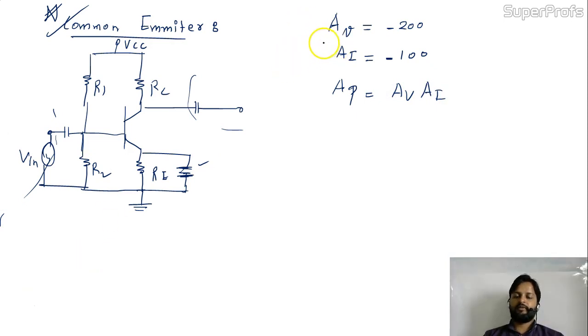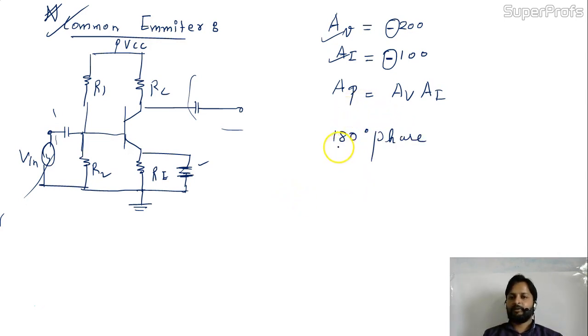If you carefully observe this AV and AI, we are getting them negative. What does the negative mean? It means this common emitter is giving a 180 degree phase shift, meaning input and output have a 180 degree phase difference. That's why we are getting minus. Is it okay?